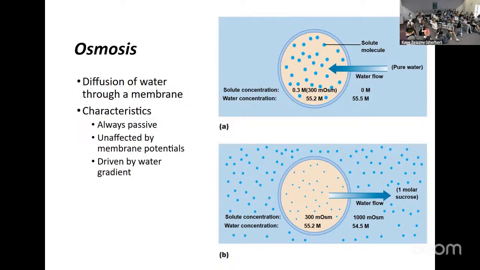So conceptually, if we think about water, we can think about water moving down essentially a water gradient, right? So we can think about water moving from where you have lots of water, so like high water concentration, to lower water concentration.